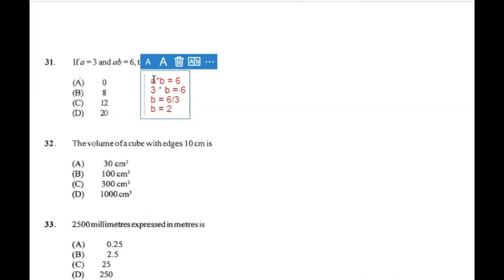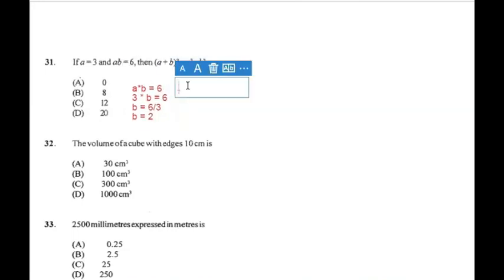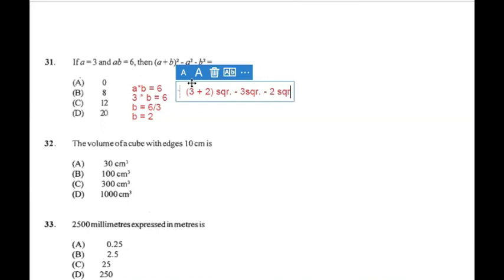So therefore A is equal to 3 and B is equal to 2, and we can now substitute. So it is (A plus B) square, which is A is 3 plus B, which is 2, and all of that square, minus A square, which is 3 square, minus B square, and B is 2, which is 2 square.